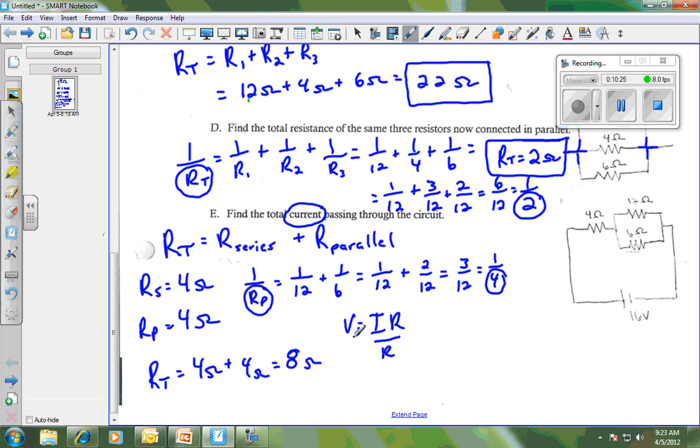Divide out resistance, divide out resistance. Current is given by voltage divided by resistance. 16 volts divided by 8 ohms is equal to 2 amperes. Good.